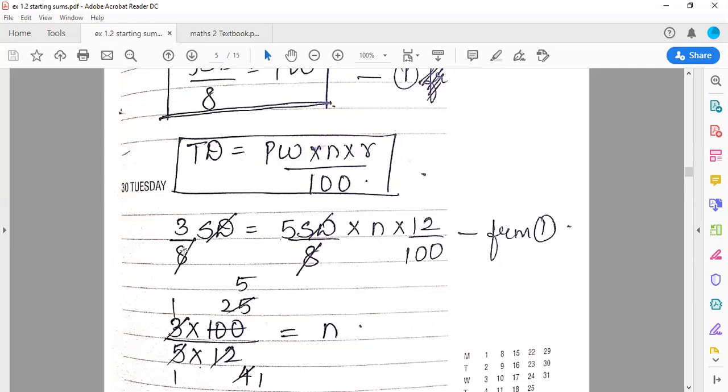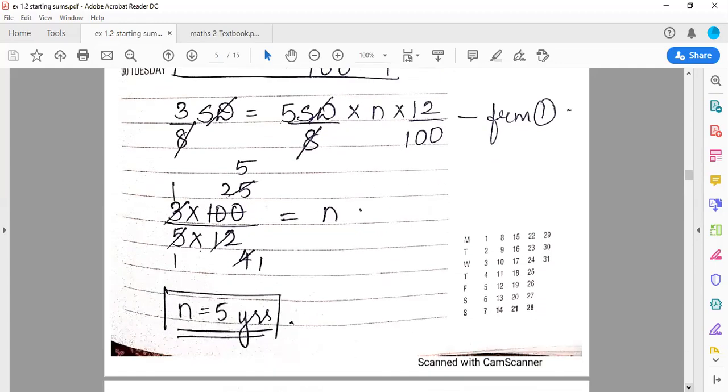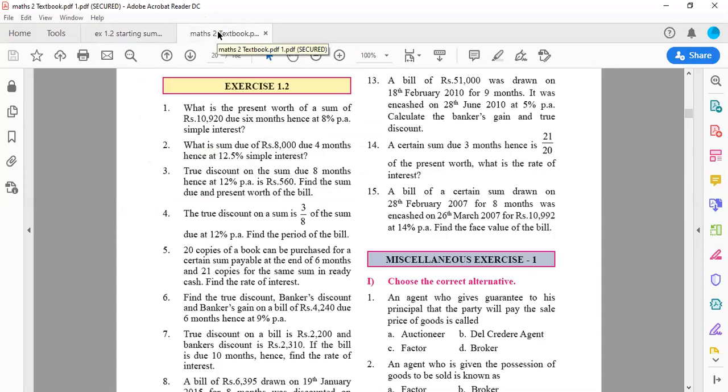Now SD, 8 and 8 can get cancelled because there's a multiplication sign. I've transferred 100 that side. 5 and 12 downwards like this. So I got the value of N to be 5 years after cancellations. Okay, followed the sum. Now if you followed or not, you can test yourself and practice sum number 14 as your assignment.